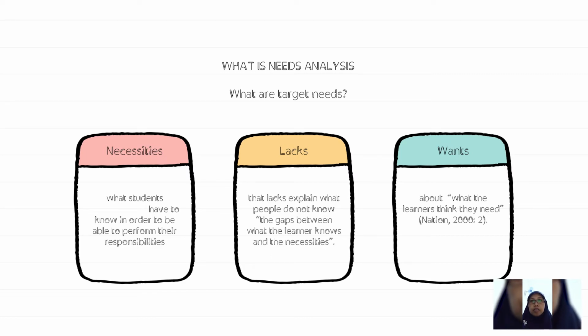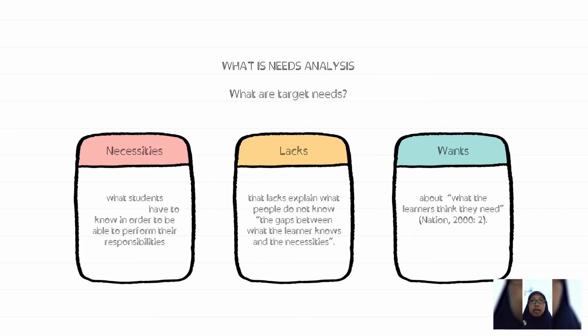Then, according to OTB, analysis is essentially seen as the exploration process of communicative tasks. That is, what the learners need to do with the target language. Moreover, we will discuss further divisions under the general heading of need. 1.